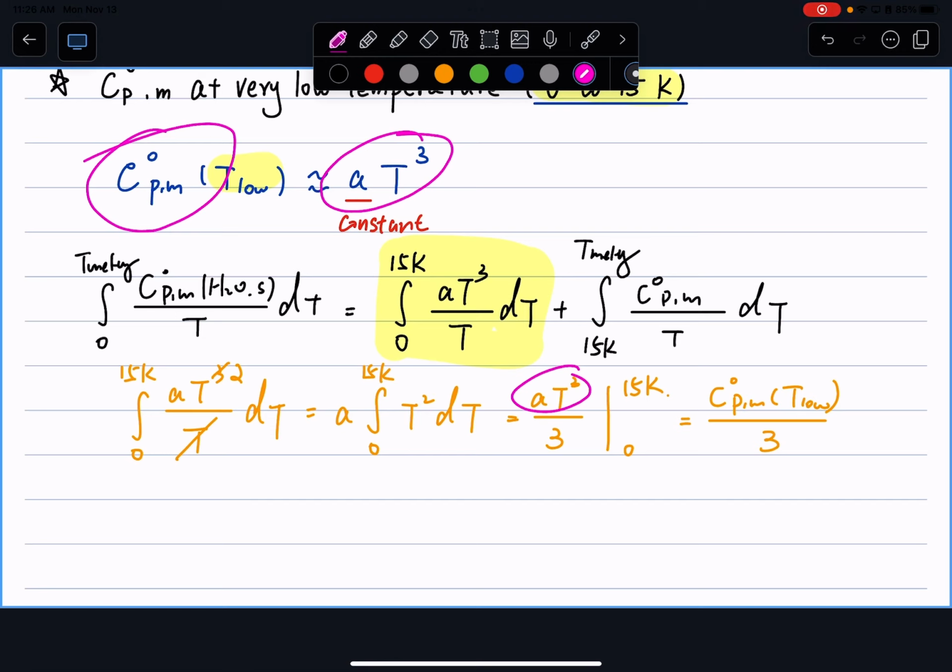I know it looks weird, but this is just simple calculus, and we find this relationship.